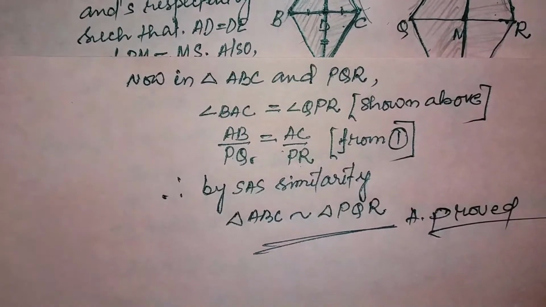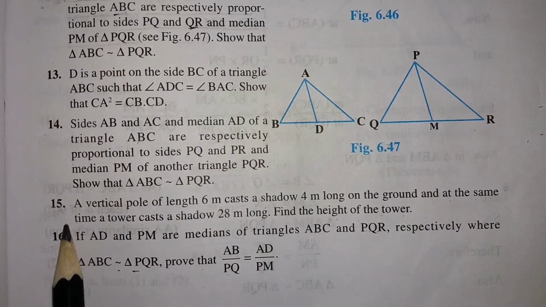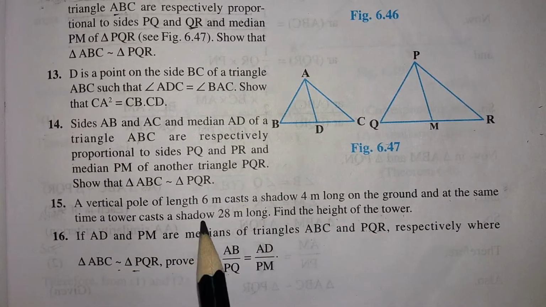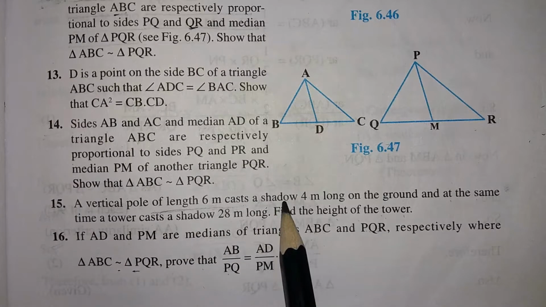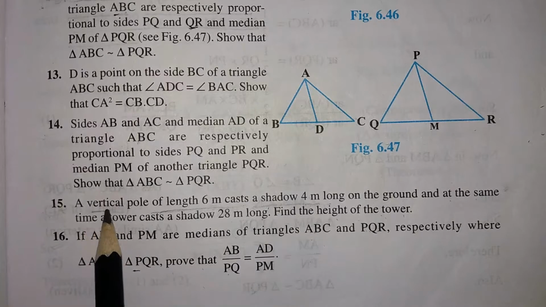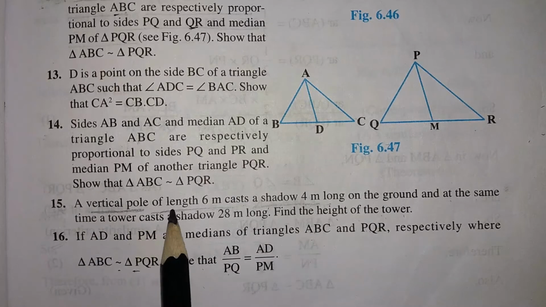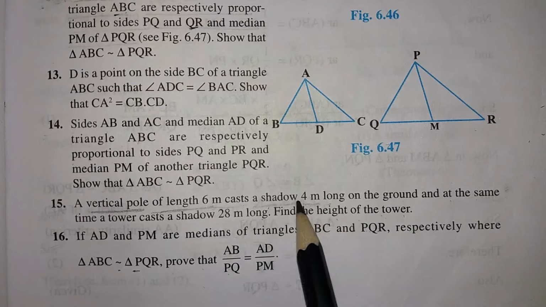Now we'll move on to the next question, that is question number 15. A vertical pole of length 6 meter casts a shadow 4 meter long. Here there is a vertical pole, and the length of this vertical pole is 6 meter, and it is casting a shadow 4 meter long.